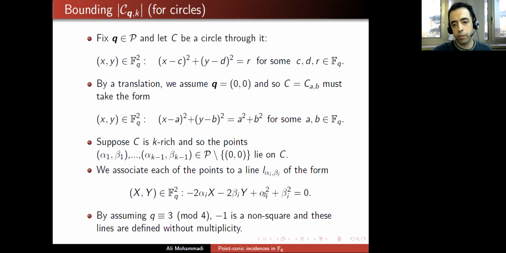When you want to show that, for example, alpha 1, beta 1 and so on define another line given by alpha 2, beta 2, and therefore these alphas and betas must be equal, there you need that minus 1 is not a square. Okay. So only circles, not parabolas, not other conics or hyperbolas. So this condition is really necessary, not just an artifact of the proof.